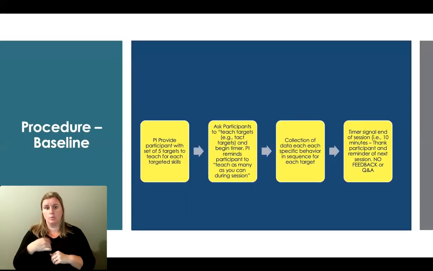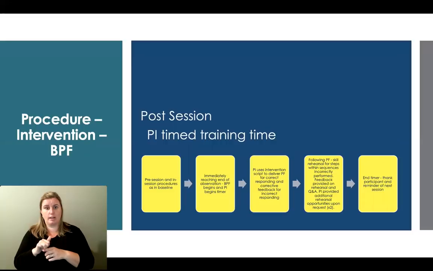We began timing the session, and then data collection occurred as implementation of errorless procedures across target skills occurred. At the end of the session, we thanked the participant for their time and reminded them of the following training session. So during BPF, basically, pre-training procedures were as in baseline.